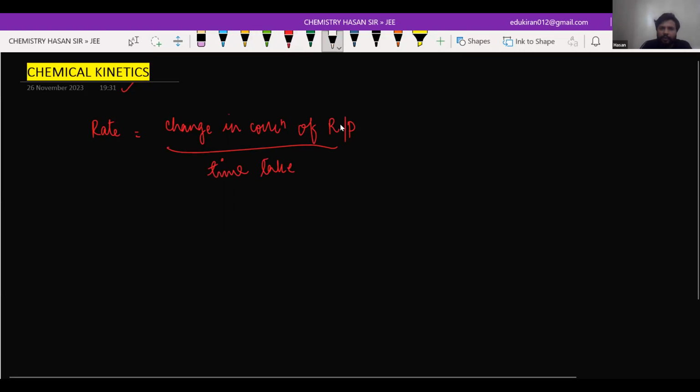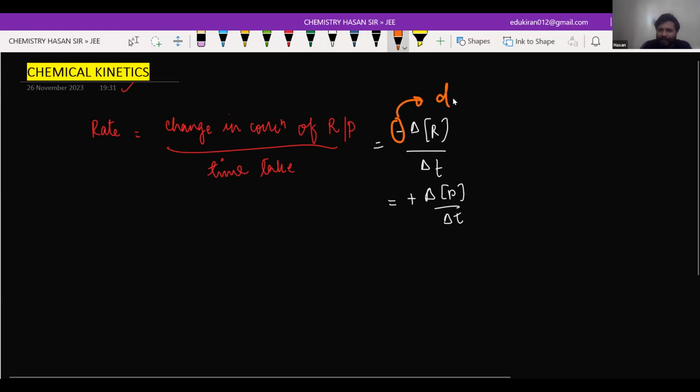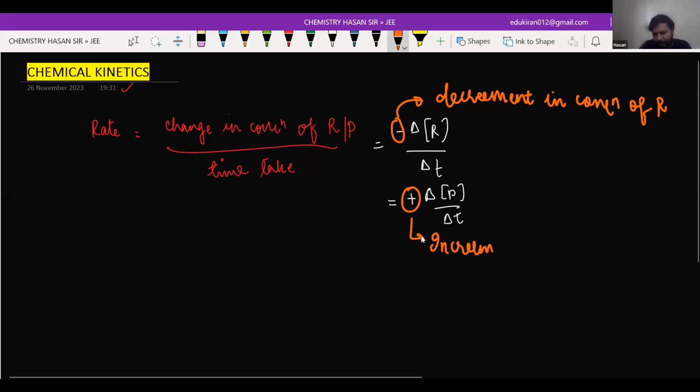So when we write it, the rate will be equal to minus delta of change in reactant upon delta T, or you can write plus delta P, P meaning product, upon delta T. Here the negative represents a decrement in the concentration of reactant, and positive shows an increment in the concentration of product.